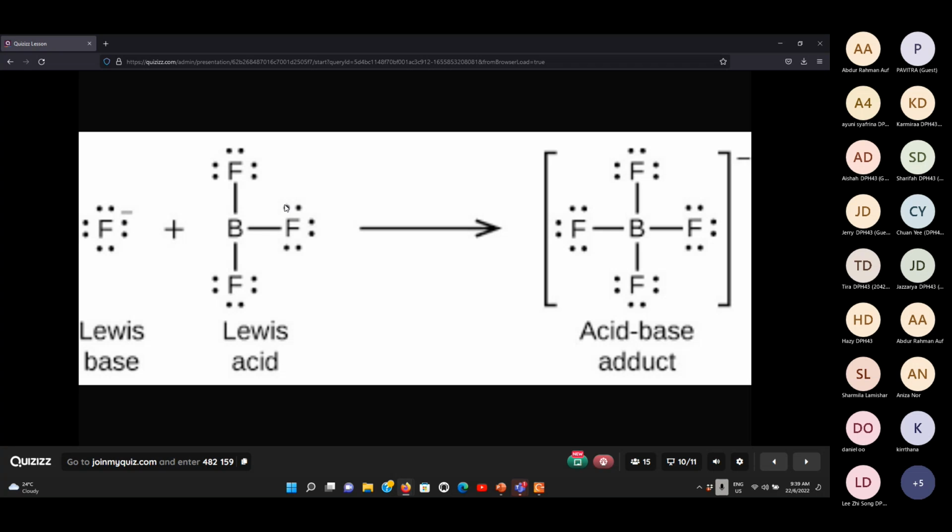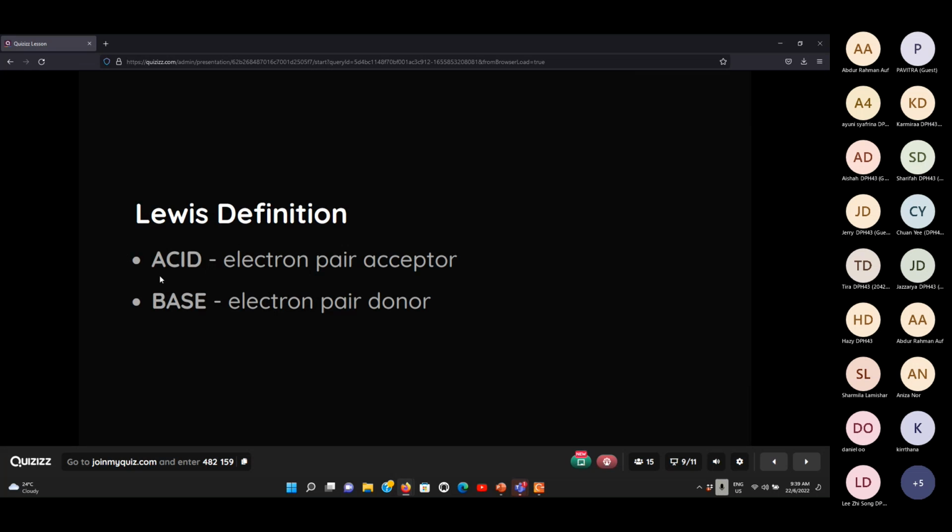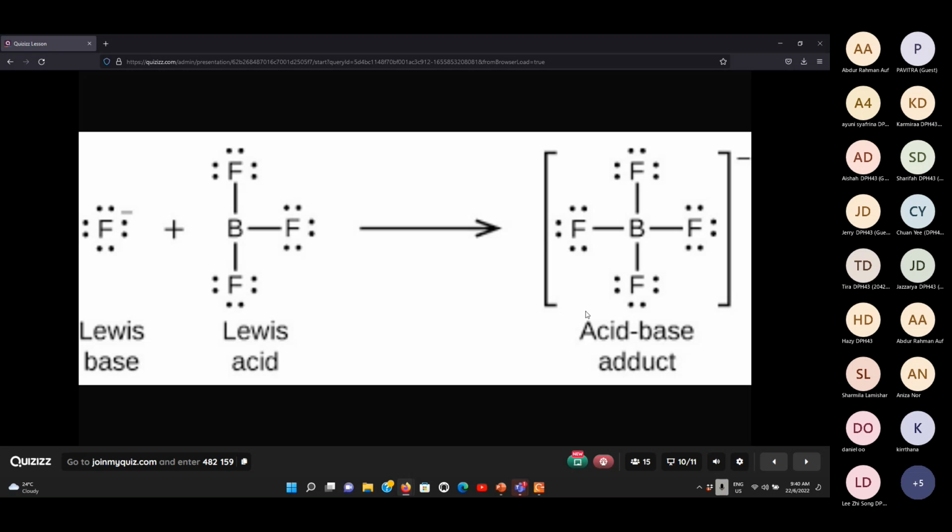So that's why boron trifluoride BF3 is a Lewis acid, and the fluoride ion F- is a Lewis base, because an acid is an electron pair acceptor and a base is an electron pair donor. In the end it produces one product, boron tetrafluoride BF4 minus.